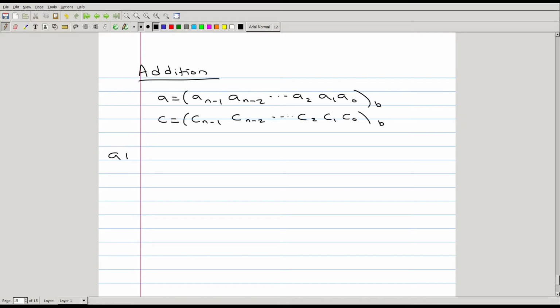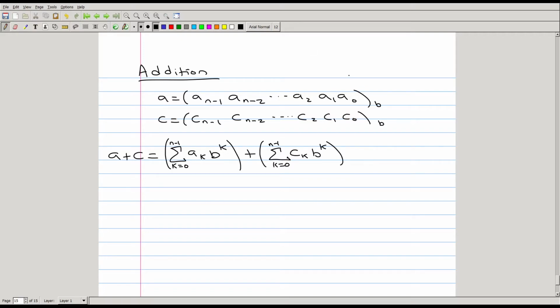We know that A is the same thing as the summation of a_k b to the k for k from 0 to n minus 1, and C is just the summation k equals 0 to n minus 1 of c_k times b to the power k.